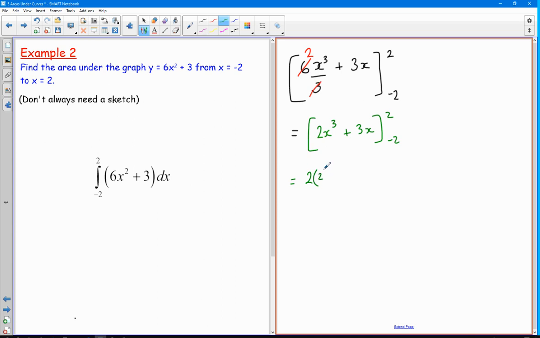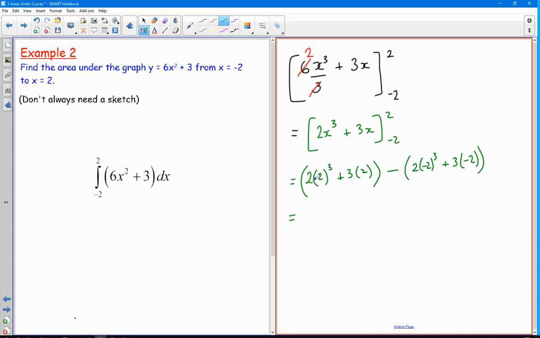So let's do 2 times 2x cubed plus 3 times 2. Remembering what I said last time about showing that you're substituting the values in, and often gets you some credit. Take away 2 times -2 cubed plus 3 times -2.